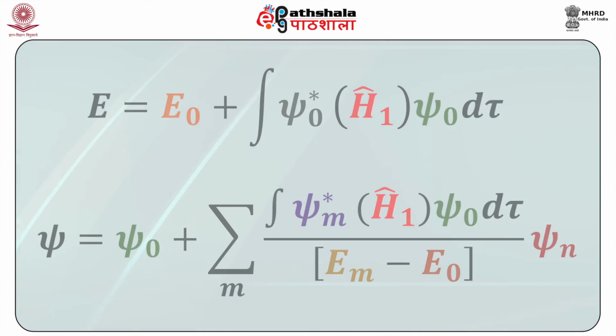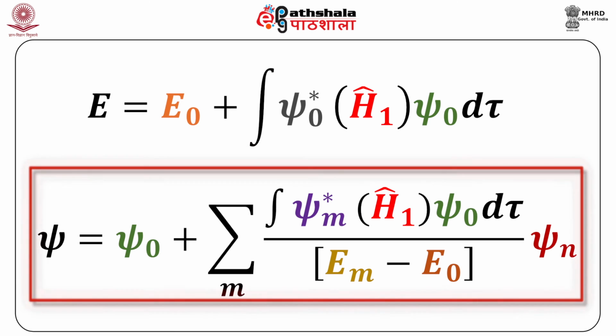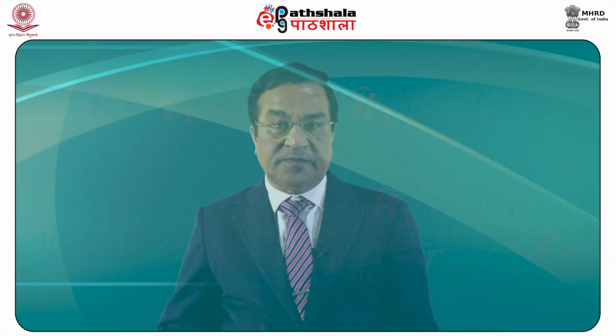The corresponding energy is E equal to E0 plus integral psi 0 star H1 cap psi 0 d tau, and the corresponding wave function is psi 0 plus summation over m of integral psi m star H1 cap psi 0 d tau divided by the absolute value of Em minus E0, times psi m, with m not being equal to 0. So these are the basis of the first order perturbation theory.